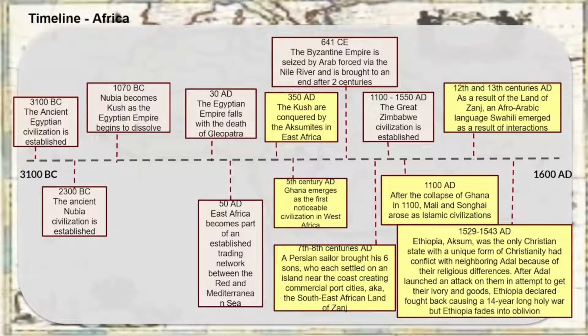This is a timeline of Africa's state building, and it starts in 3100 BC and goes all the way to 1600 AD.